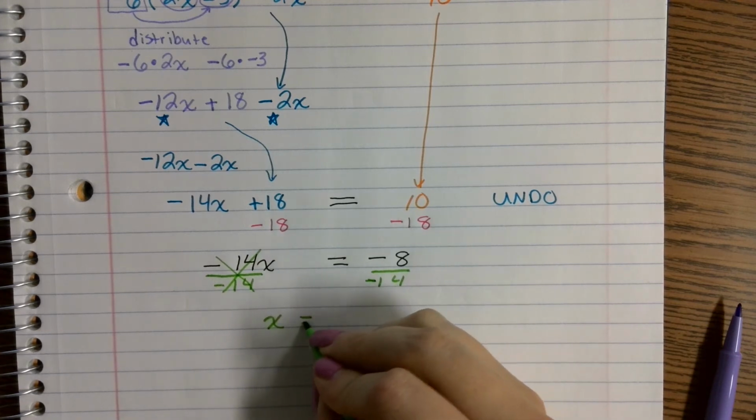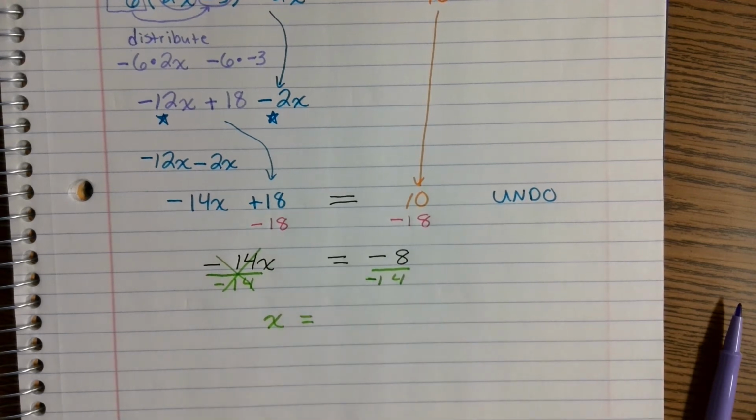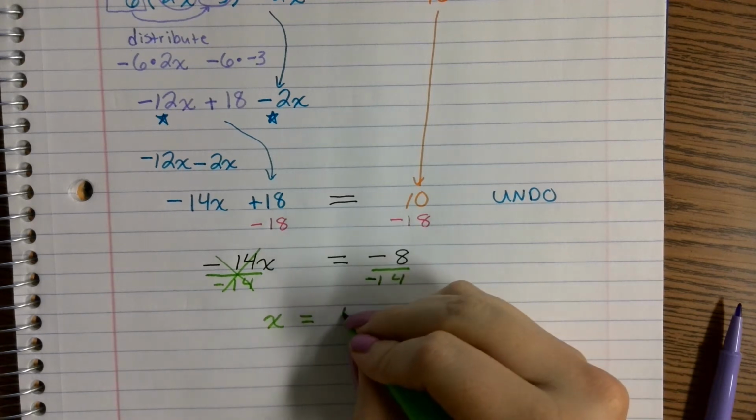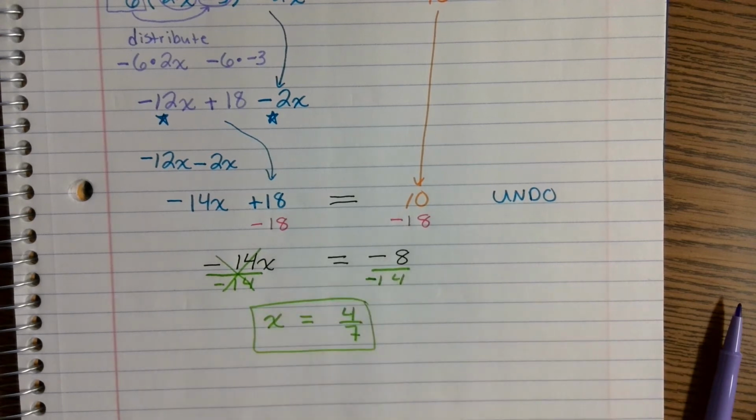If we were to type in negative 8 over negative 14, what would you get as your fraction answer? 4 over 7. Good. So you would get 4 over 7 as your final answer. If you were to just do negative 8 divided by negative 14, you'd get 0.571428571428. It's going to keep repeating and repeating, okay?